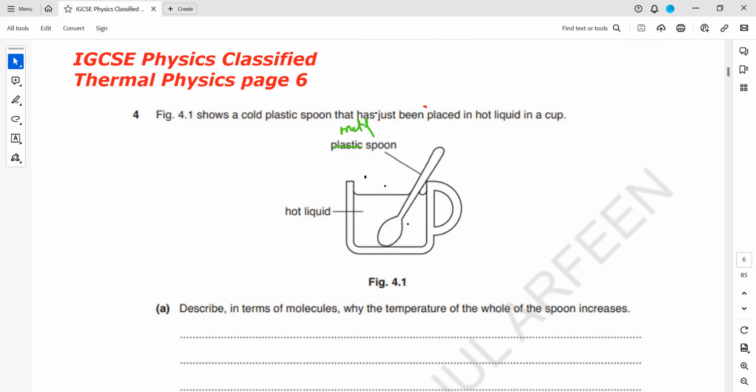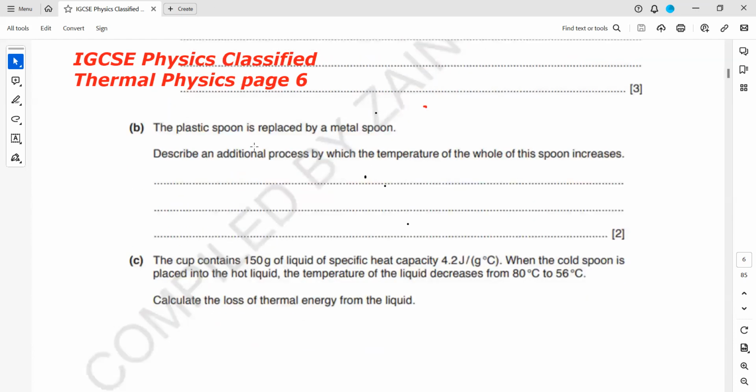What additional energy transfer? When the molecules of the hot liquid collide with the spoon, it will cause two things: the lattice vibration as well as the movement of electrons, because they ask for additional. Describe the additional process by which the temperature of the whole of this spoon increases.